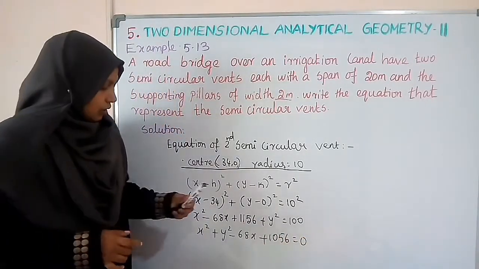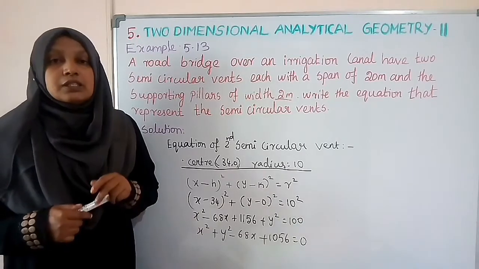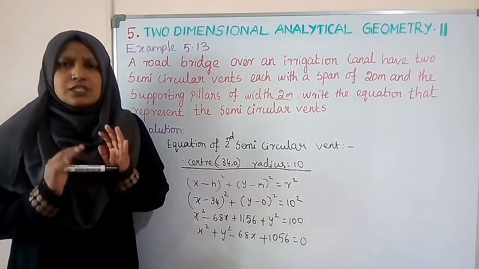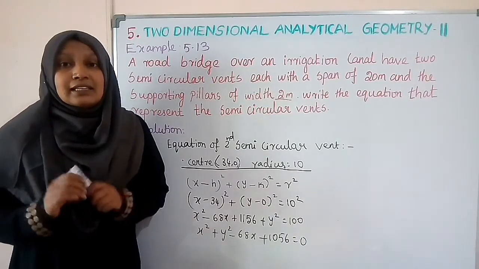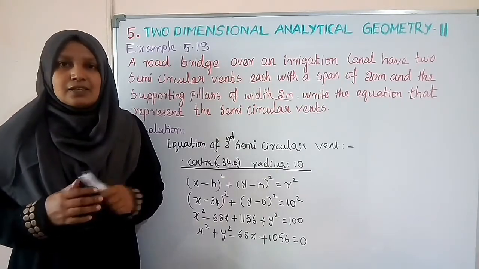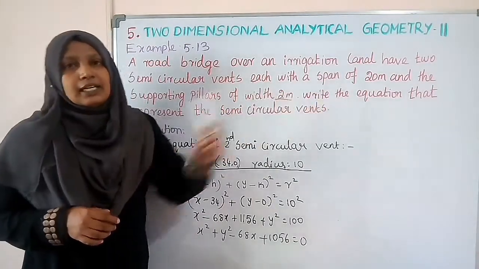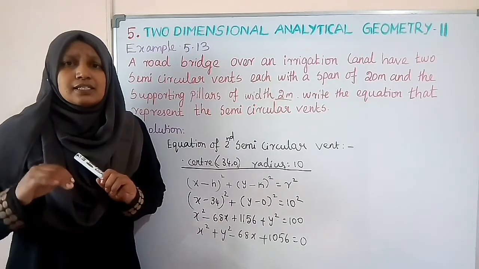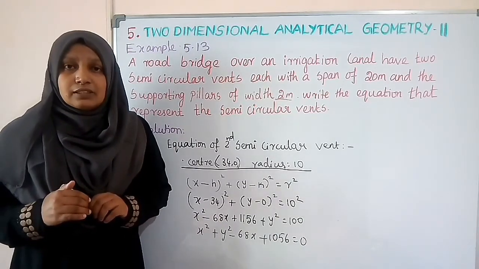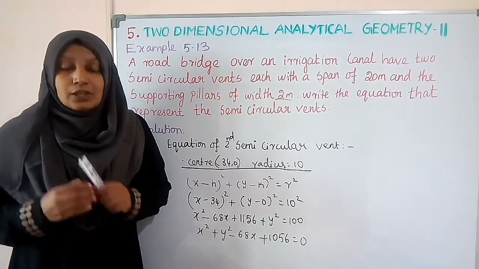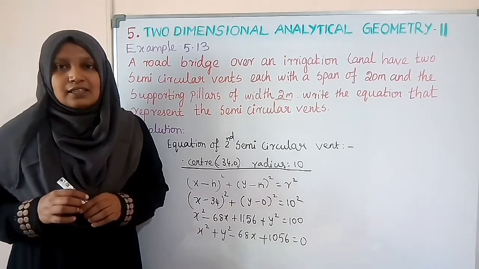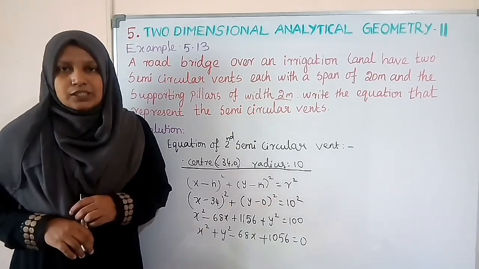So this is your equation of the second semicircular vent. So just you have to find the center. The radius we can find directly from the diameter. Just calculate the distance, and using that distance you can write the center. Using that center and radius we can find the equation.